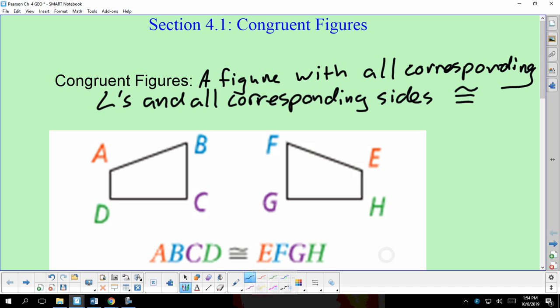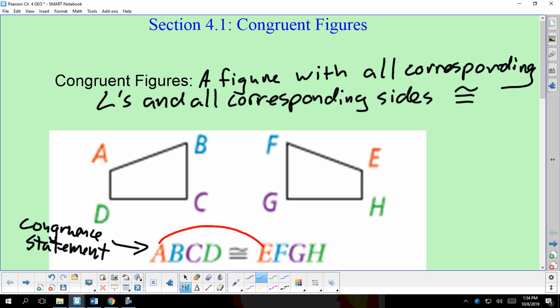What we have here is what's called a congruent statement. And we can use that to go ahead and match up the congruent corresponding angles with the congruent corresponding sides. So if we look here, angle A goes with angle E. So these guys would be congruent.